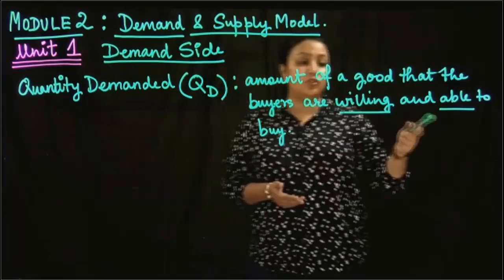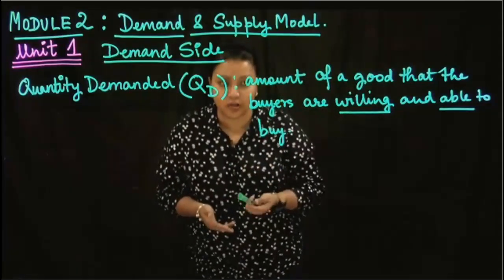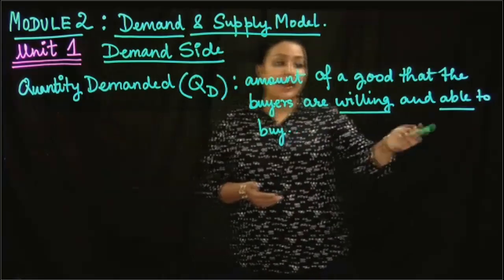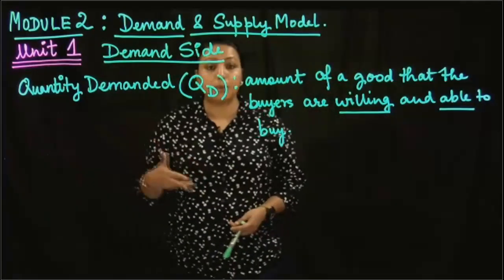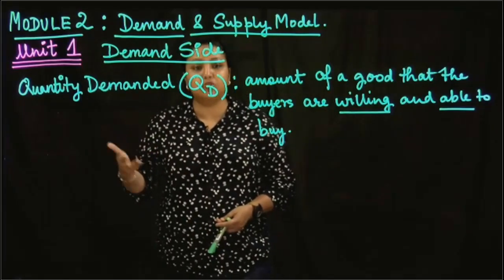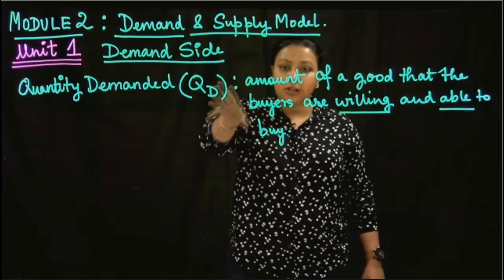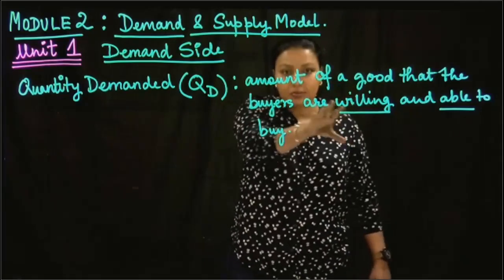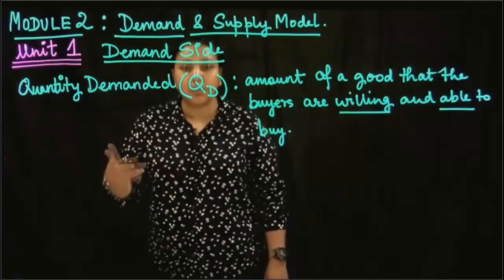Now as soon as we talk about willingness, we are basically talking about the preference or the choice of the buyers, that is what they decide to buy. And as soon as we talk about ability, we are basically talking about their purchasing power, that is what price they are willing and able to pay. So quantity demanded is basically an amalgamation of both these concepts, both willingness as well as ability of the buyer to buy something.